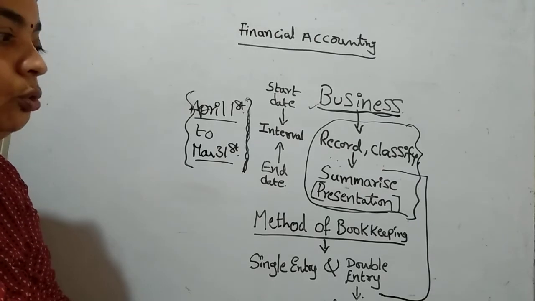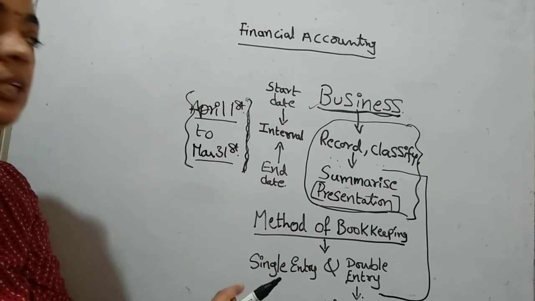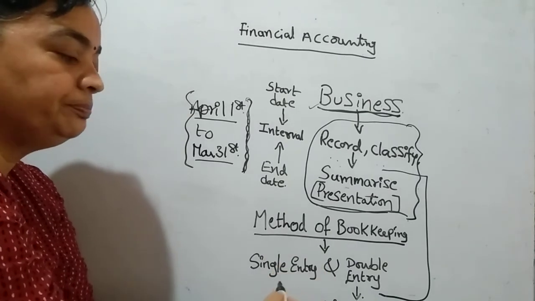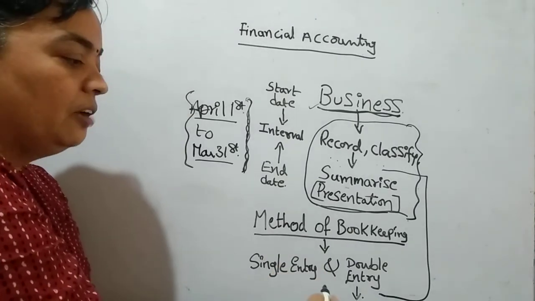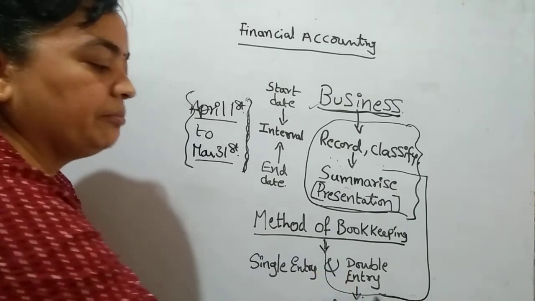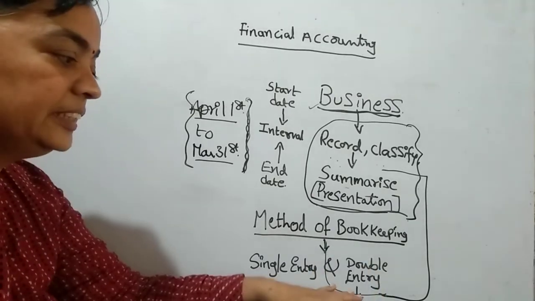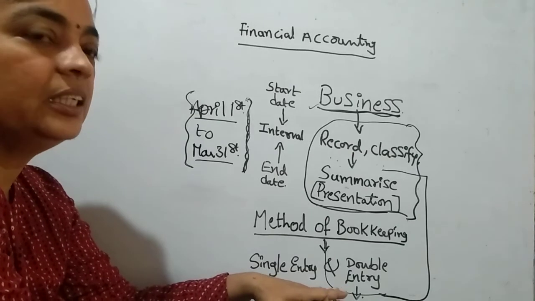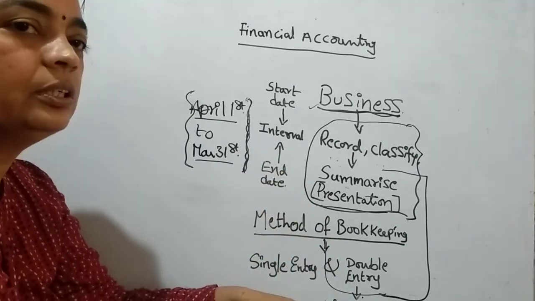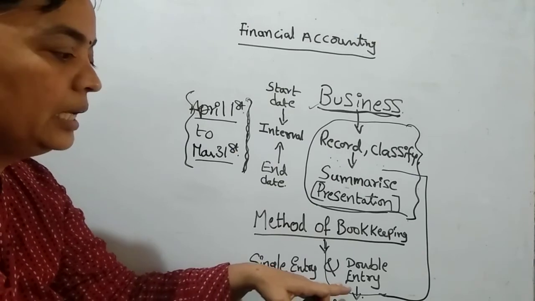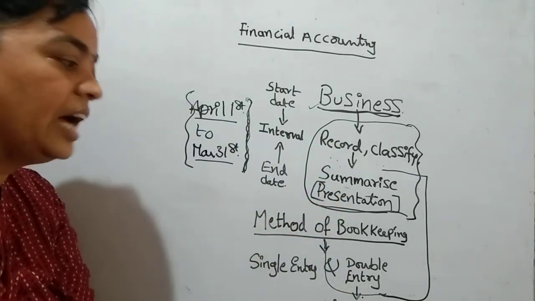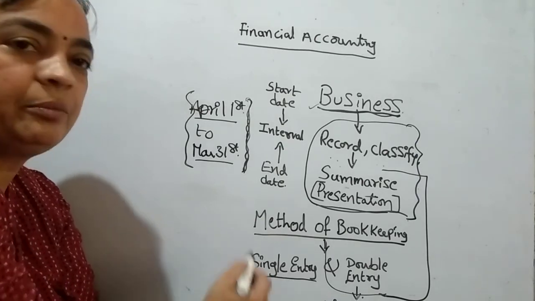Fine. So this is about the background part, and later on we mostly concentrate on the double entry system. Why? Because this is the approved method and is to be followed by the business, right? Earlier there was a single entry method.